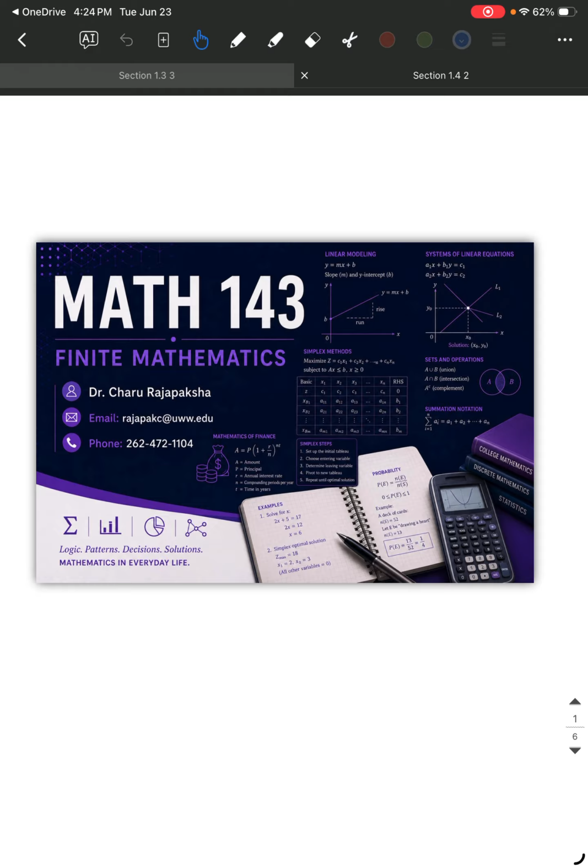Before then, let's quickly review what we learned last time. In section 1.3, we introduced linear functions and mathematical models.